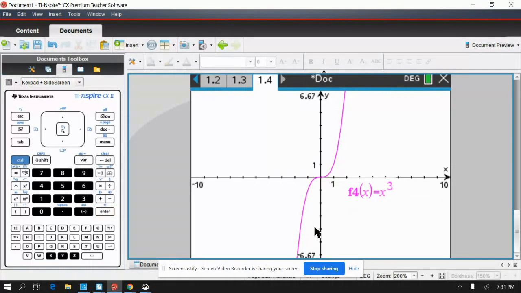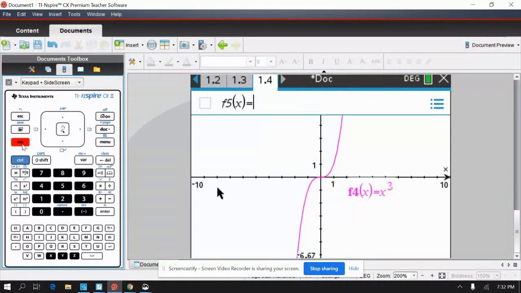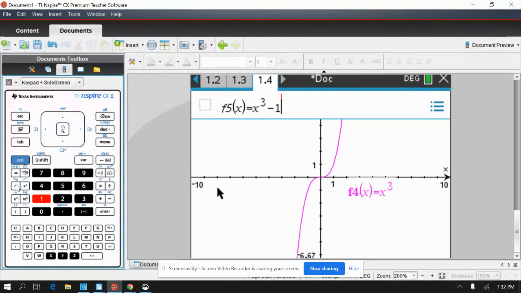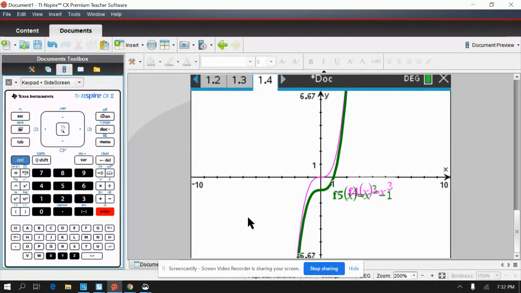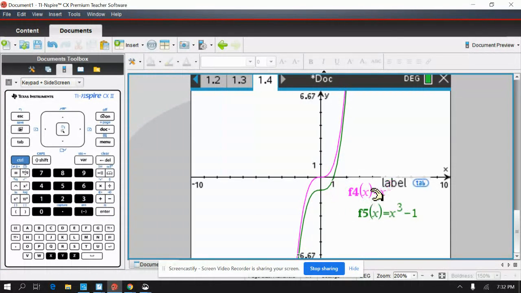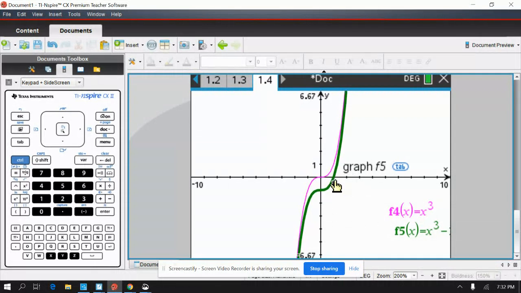Now, what about x cubed minus 1? Well, that's a transformation of going down 1. So just imagine this purple graph sunk down 1 unit. You'll see there'll be a 0 right here at 1. Let me show you x cubed minus 1, and that's the green one. So this green one only has 1 x-intercept, so 1 real zero, and that's at positive 1. The other 2 are imaginary.